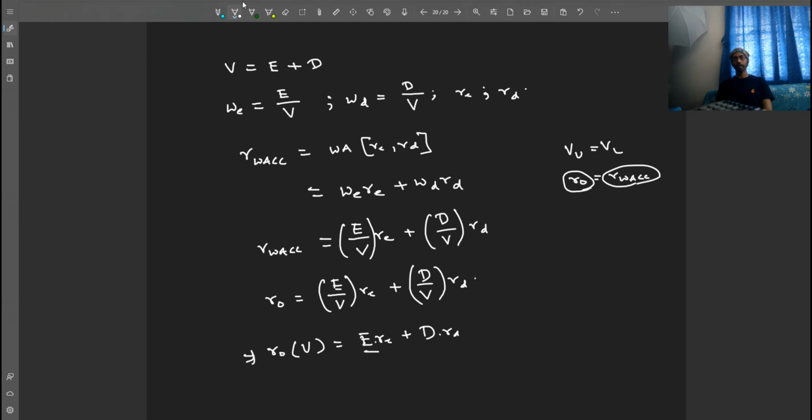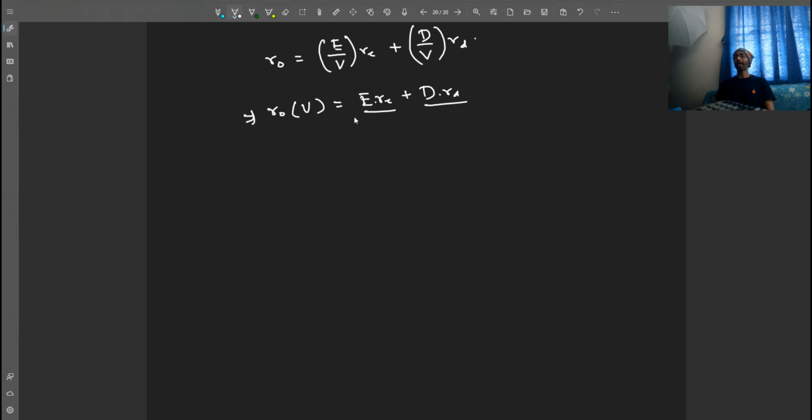Equity into cost of equity, debt into cost of debt. These are the market values, remember. E and D are market values of equity and debt respectively, and V is therefore the market value of the firm. Now, V is equal to D plus E. Let's write this down here.